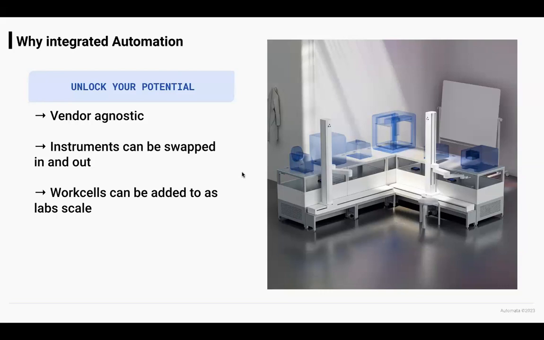We will do what we can to work with every vendor. The instrument choice should be yours, not ours. And then instruments can be swapped in and out. I think this is a really important one. In big systems like this, sometimes you might need to reconfigure the whole system if you want to change one thing. With ours, you don't need to change everything, just the one instrument.